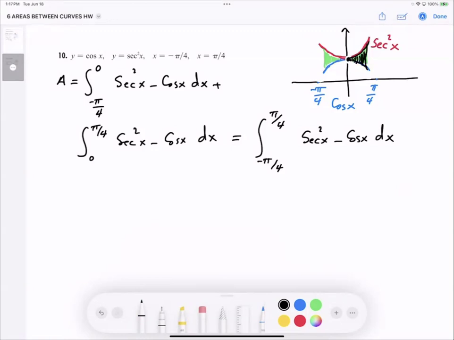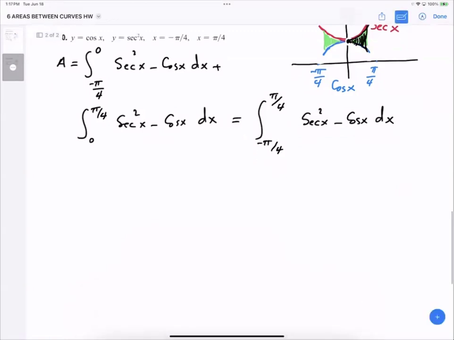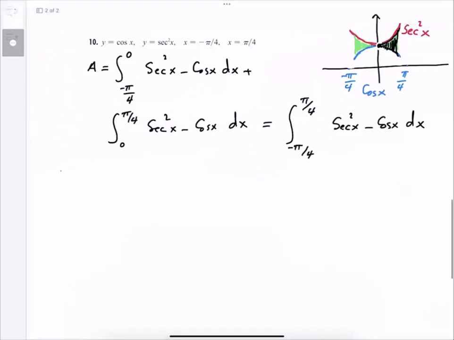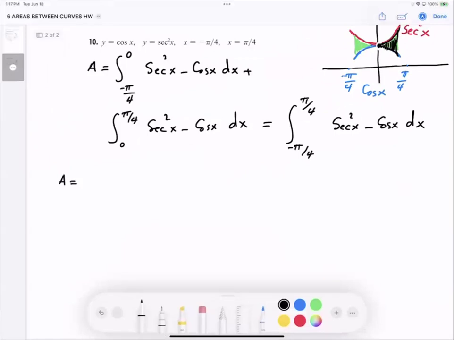So the area can be written as A equals 2 times the integral from 0 to pi over 4 of secant squared of x minus cosine x dx.